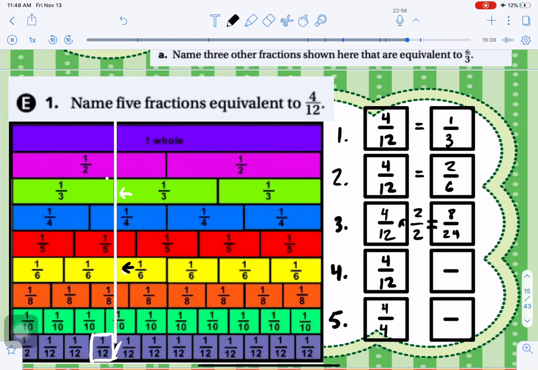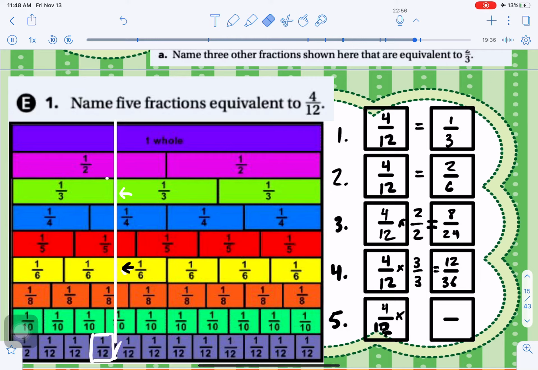If I do this by multiplying with 3 over 3, I can see that 4/12 times 3 over 3 equals 12 over 36. And I'll do this one more time to get my 5th fraction. So I have 4/12 times 4 over 4.